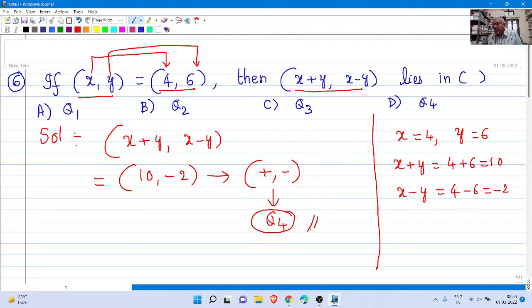In the fourth quadrant, the x coordinate is positive and the y coordinate is negative. So D is the right option. Not the first quadrant, but the fourth quadrant. Uday Kumar, check your answer. Right.